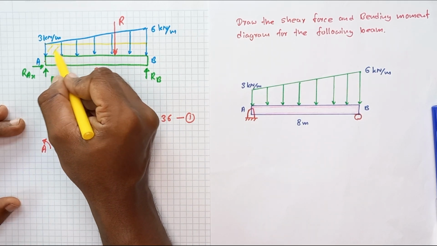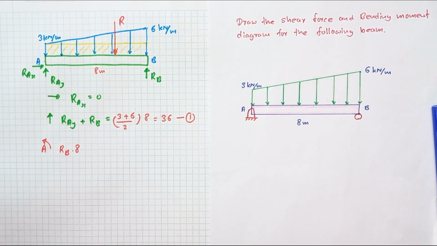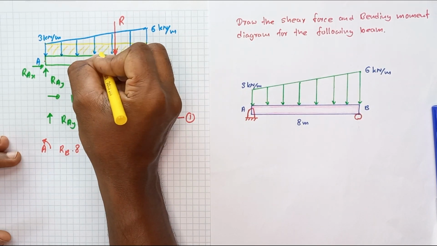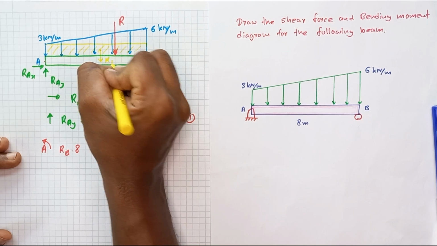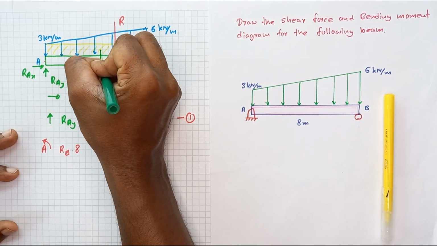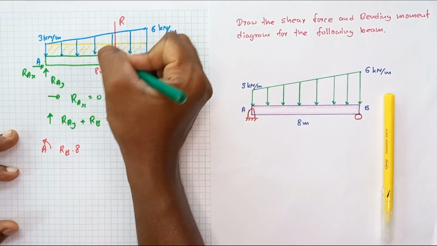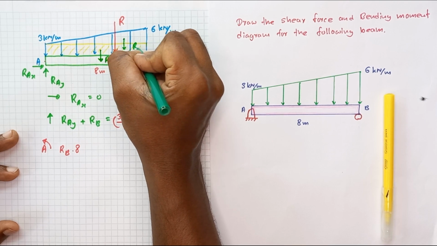I am going to consider the rectangular section separately and the triangular section separately. Let's take the force as R1 from the rectangular section, and for the triangular section, let's take it as R2.